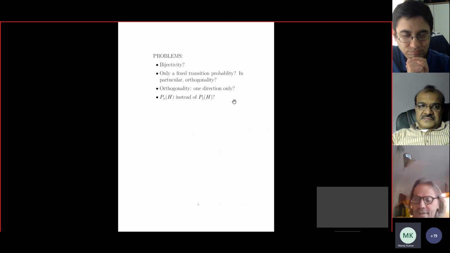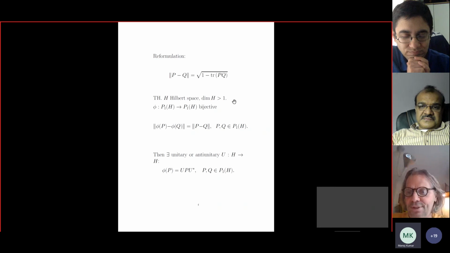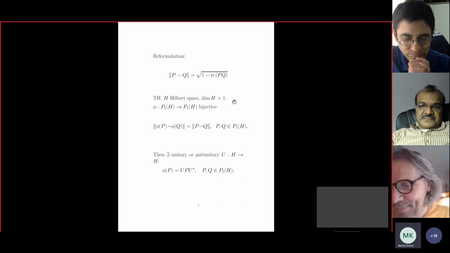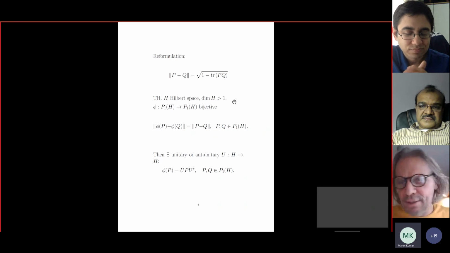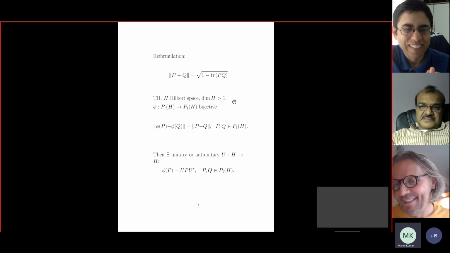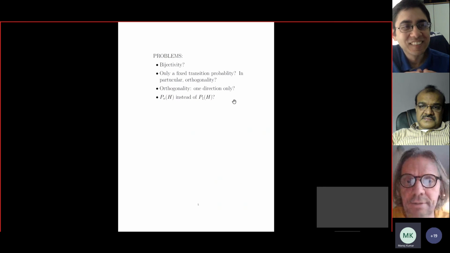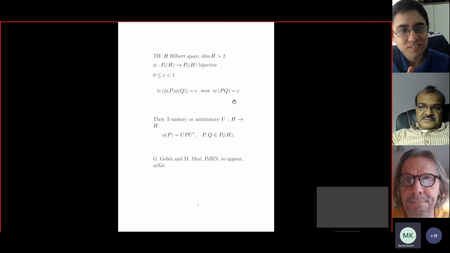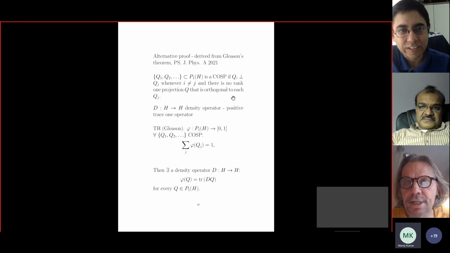Wigner's theorem is a beautiful theorem, it is simple, and it is very important. And then, of course, in mathematics, we ask, can we do better? I doubt that in physics they are really interested in that.